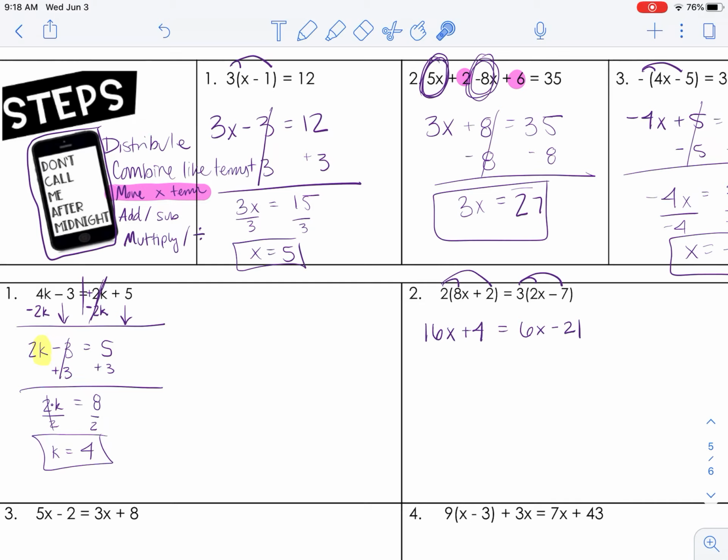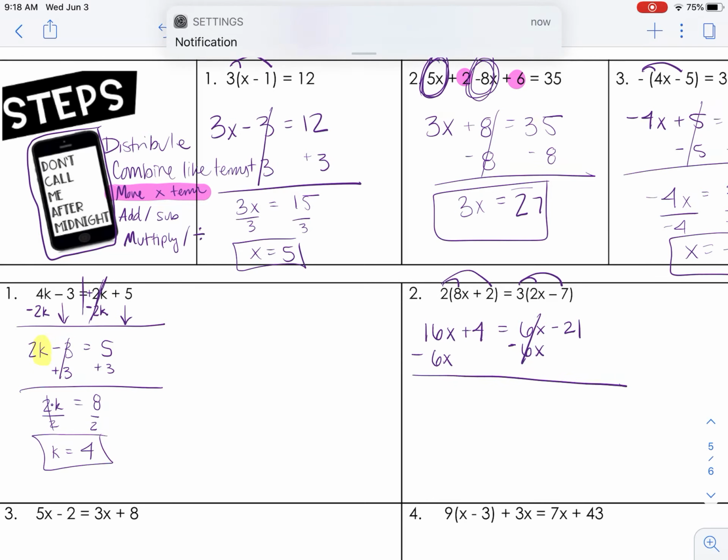So instead of combining them, we're going to move them. We're going to take the smallest x term, that would be 6x, and undo it on both sides. So that cancels out, and I'm left with 10x, because I subtracted those, plus 4 equals negative 21.